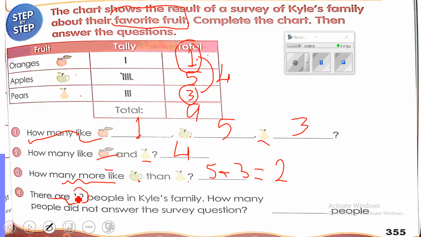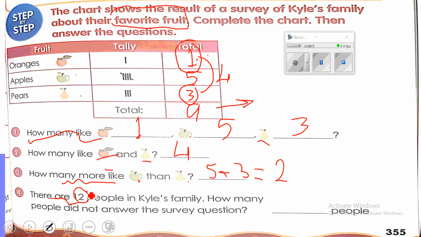Now, here is the hard question, but you are very clever to do it. There are 12 people in Kelly's family. How many people didn't answer the survey question? So, the people that I asked is only 9. But the total people I have is 12. The total people are 12.